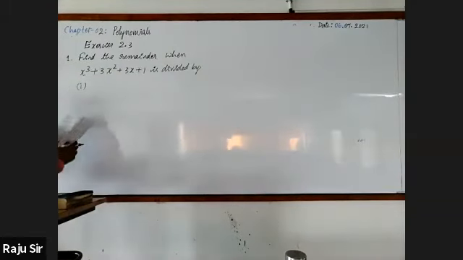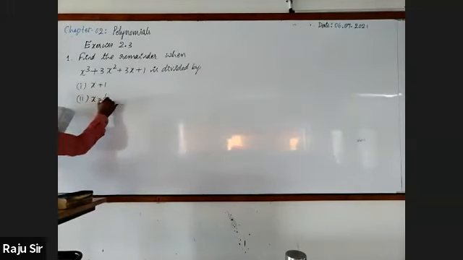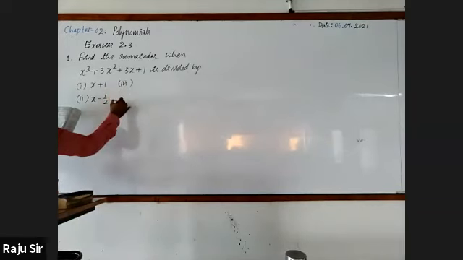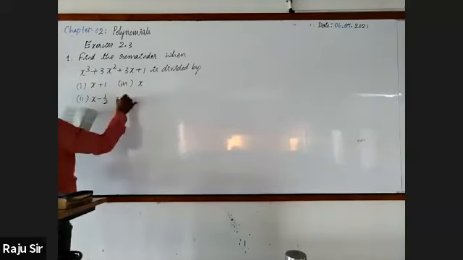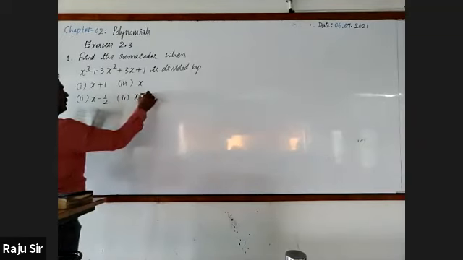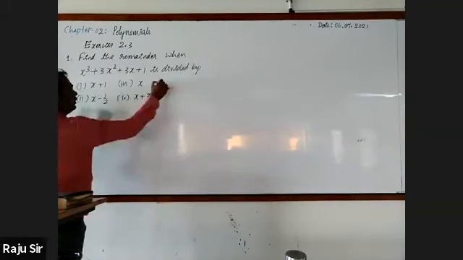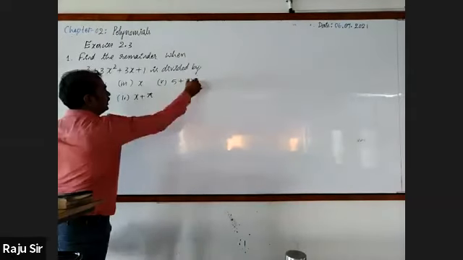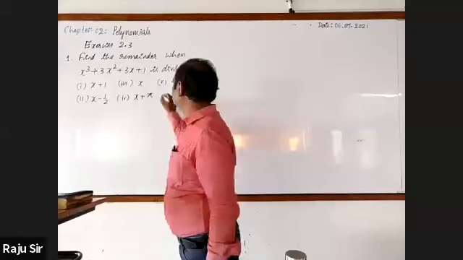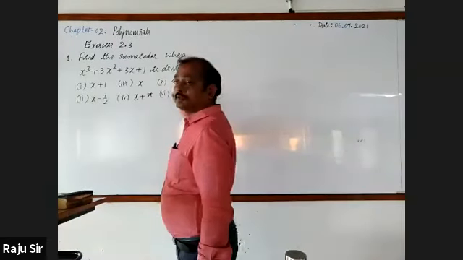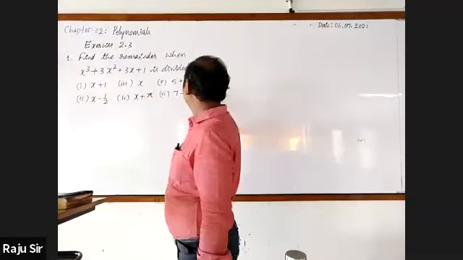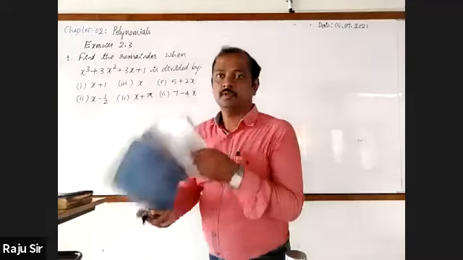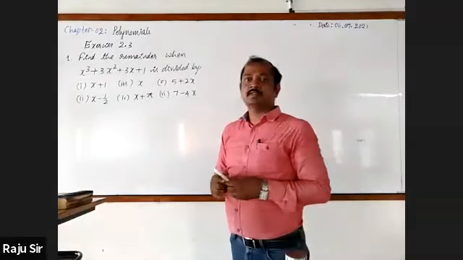First you write all the sub questions. First one is x plus 1. Second one is x minus 1 by 2. Third one is x. Fourth one is x plus 5. Fifth one is 5 plus 2x. And sixth one is 7 minus 4x. These are the 6 sub questions.